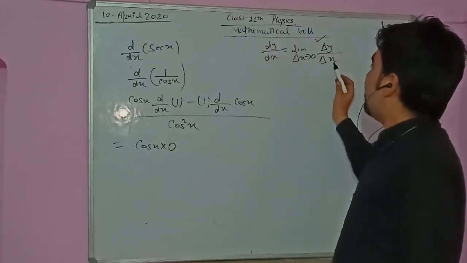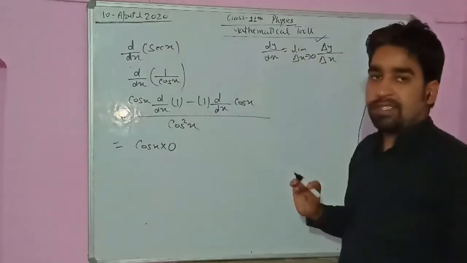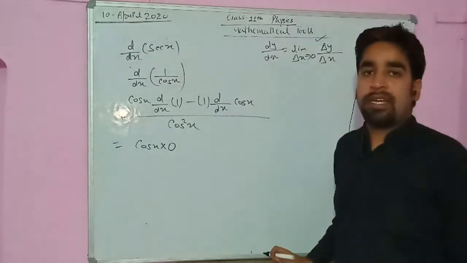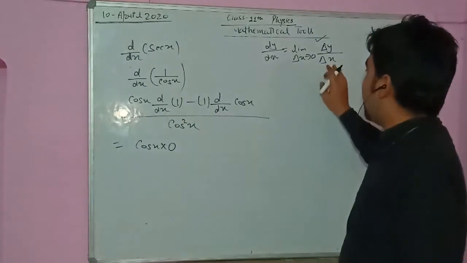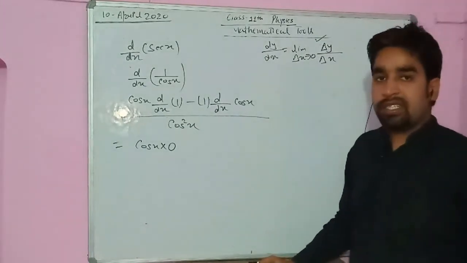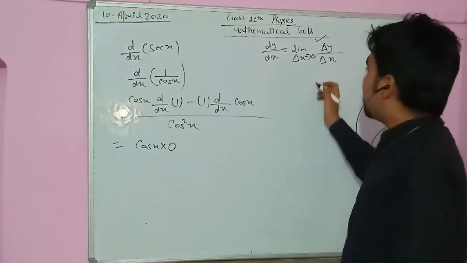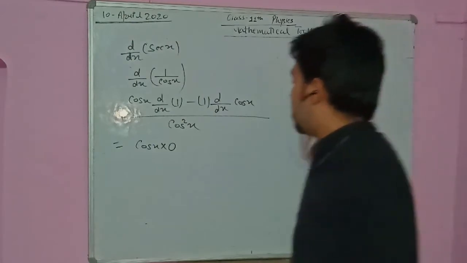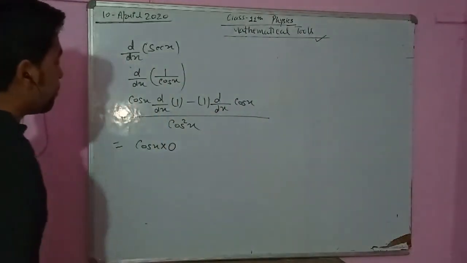Now see, the differentiation comes from the change in the value of x. Can the value of a constant ever change? No. So there is no change in the value of a constant. That is why del x is equal to 0, so that the differentiation of any constant is always 0.